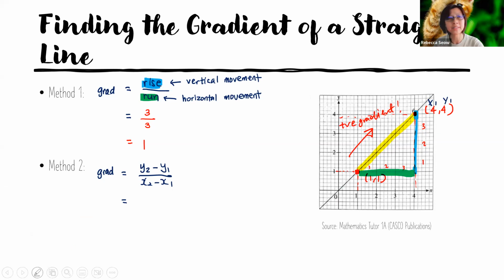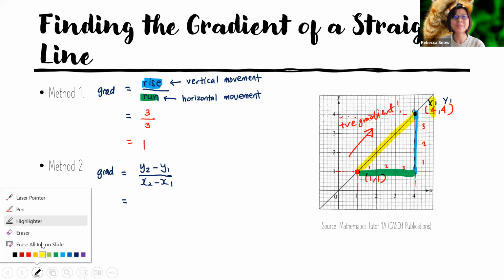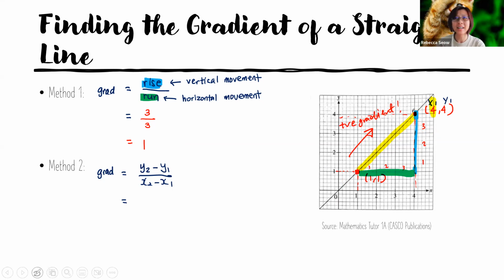Okay, x1 refers to the first coordinate. Let me use yellow. This one refers to the first x coordinate, and y1 refers to the first y coordinate.